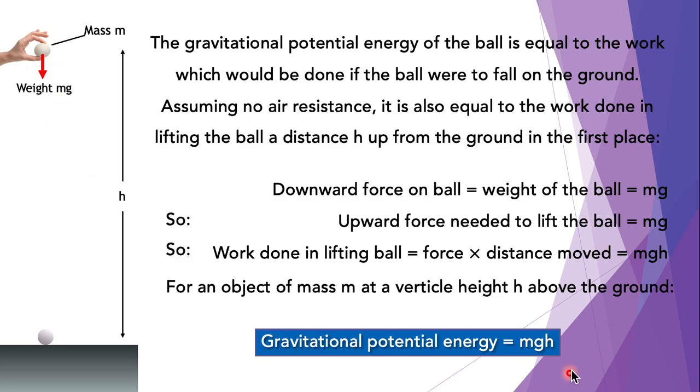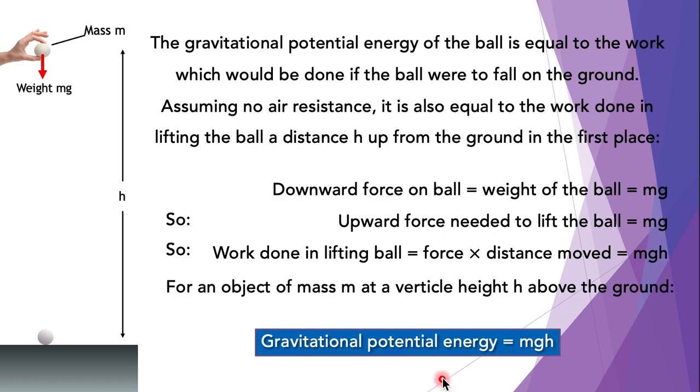Whatever gravitational potential energy the ball has is equal to the work which would be done when the ball falls on the ground, and also equal to the work done when the ball was picked up in the first place. So this is the equation of gravitational potential energy, mgh.